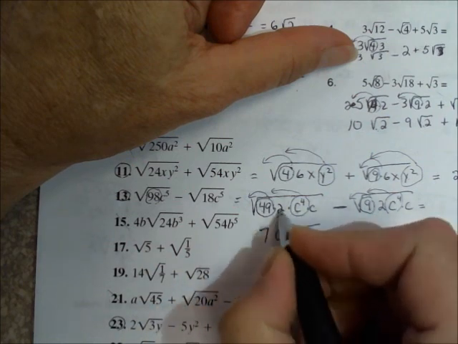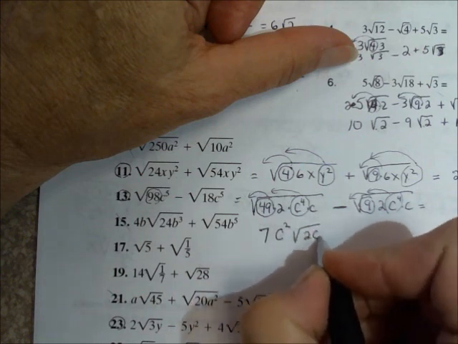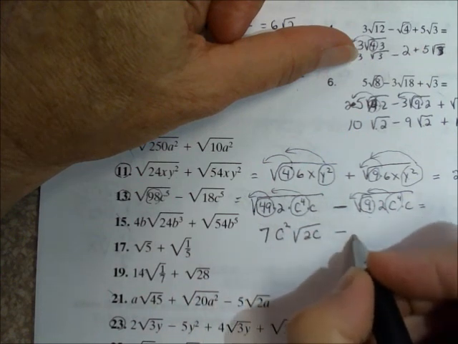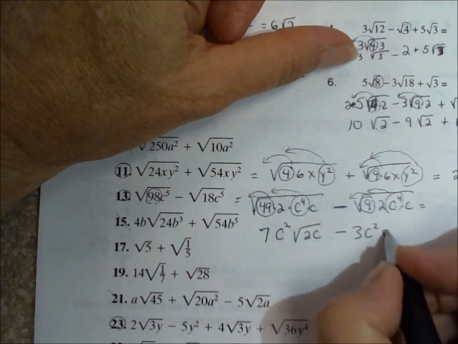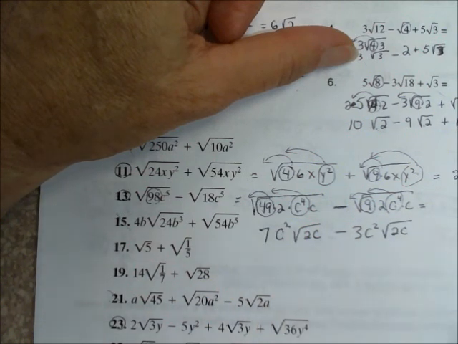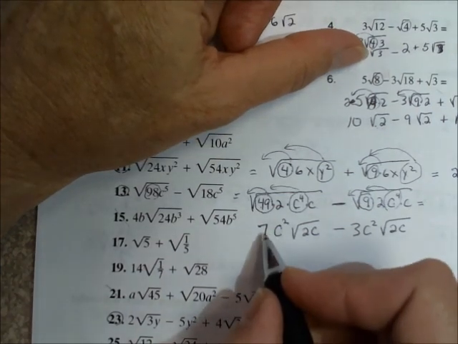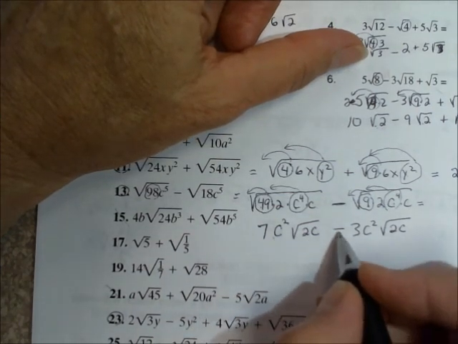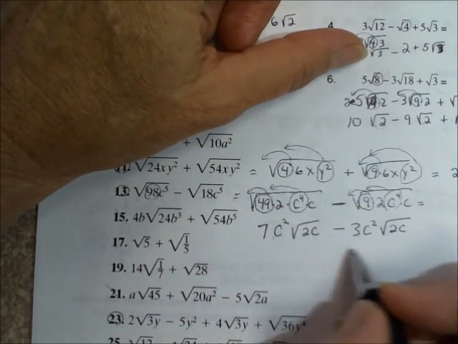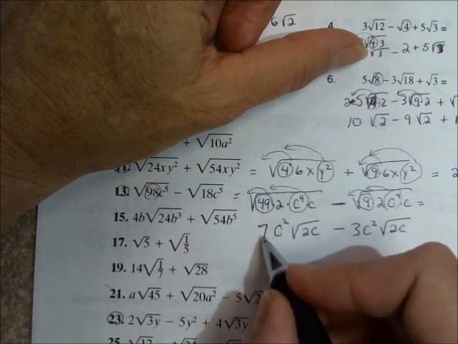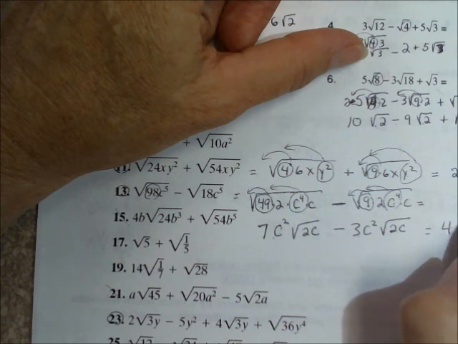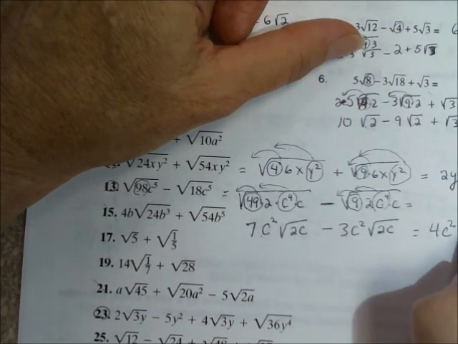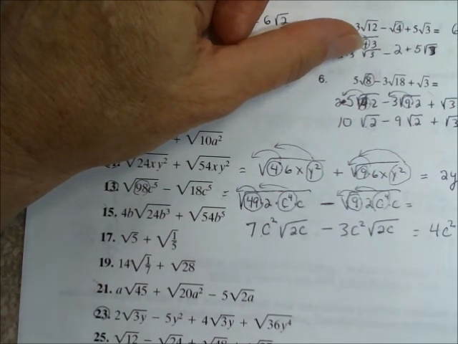And what we didn't circle was the 2 and the c. And here the square root of 9 is 3. The square root of c to the 4th is c squared. And what we didn't circle was a 2 and a c. So now we have 7c squared something minus 3c squared something. Those are like radicands. So 7c squared minus 3c squared is 4c squared. And then we bring along the radical 2c.